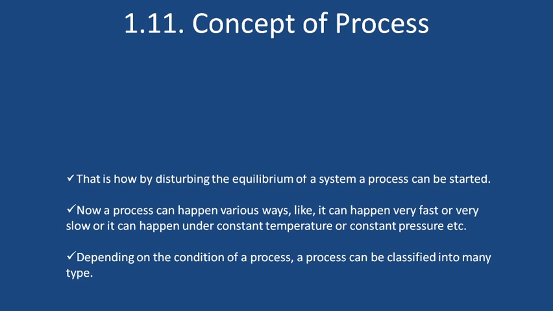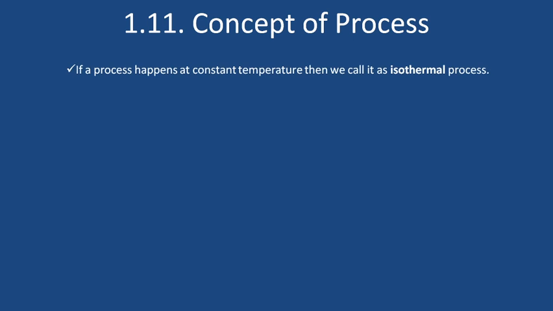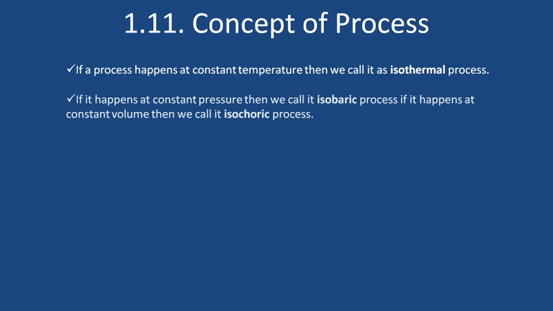If a process happens at constant temperature, then we say it is an isothermal process. If it happens at constant pressure, then we say it is an isobaric process. If it happens at constant volume, then we call it an isochoric process.